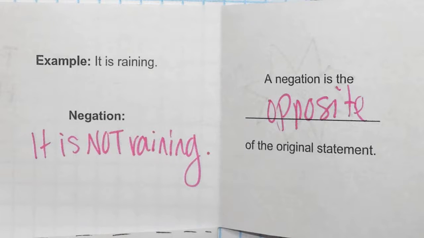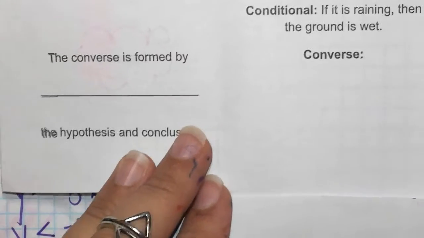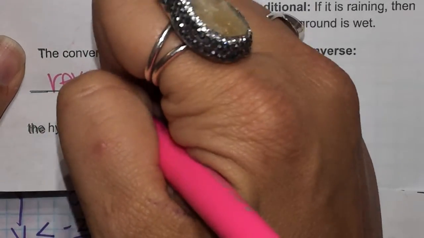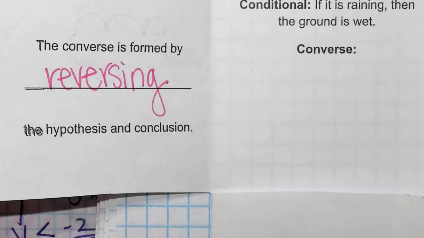Okay, are we ready for the converse? The converse is very easy. All you do is reverse the hypothesis and the conclusion. So converse flips it around. The converse is formed by reversing the hypothesis and the conclusion.